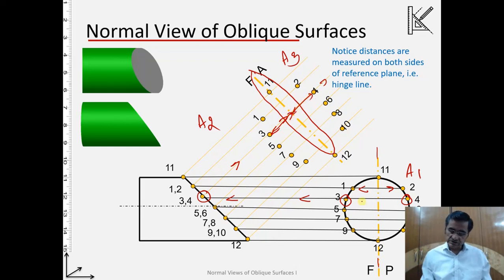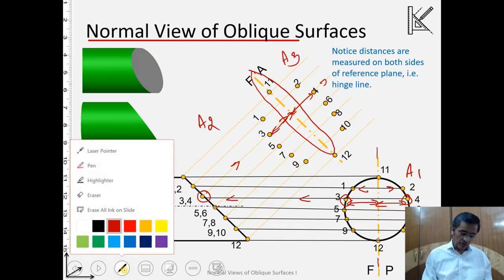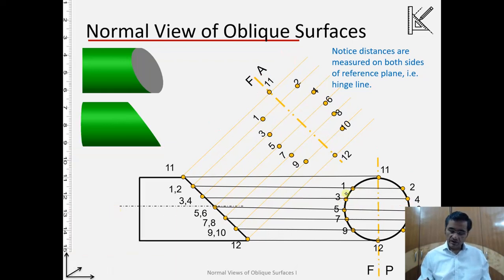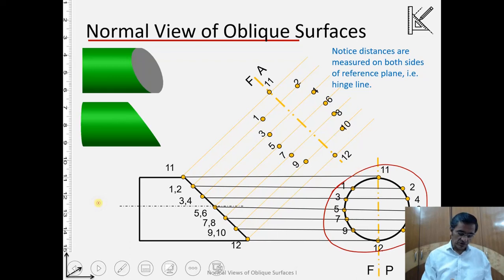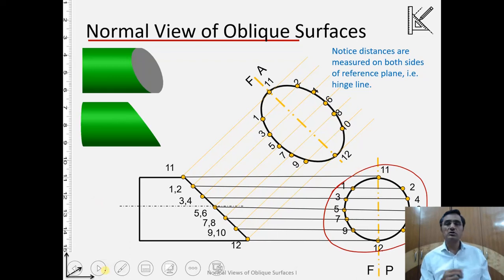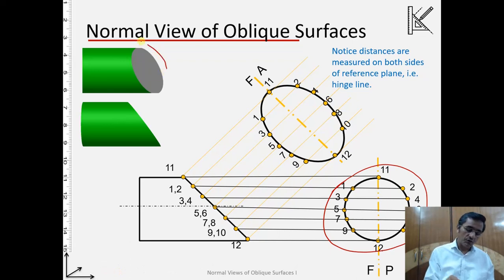So these distances we are taking from A1, from the hinge line to 3 and 4, and that is how we are applying the distances. So by doing it, corresponding to all these points on the periphery of the circle, we get the points on the true view, and this is how the true view of the given surface will appear.